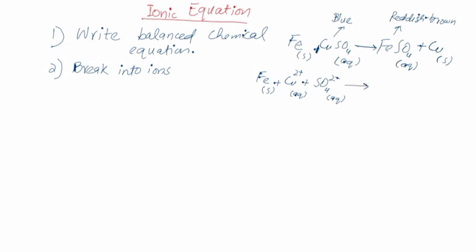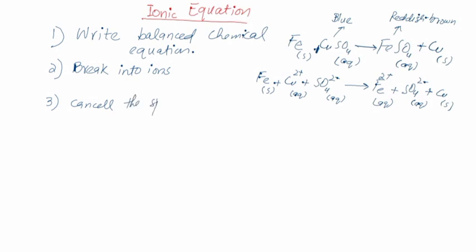And next Fe2+, this is aqueous, and sulfate ions, this is also aqueous, with a 2- charge, and the copper will become solid. Iron will be oxidized and copper will be reduced.